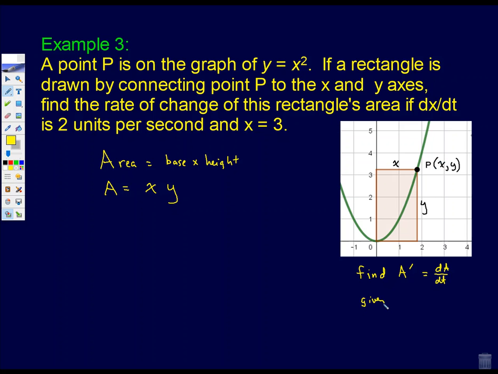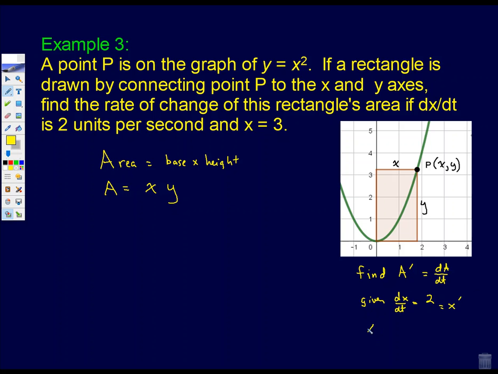We're given that dx/dt, in other words, if I were to examine this point from the perspective of the x-axis, the x-coordinate is moving to the right. The x-coordinate is changing by going to the right 2 units per second, which we could also abbreviate as x prime of t, or x prime.